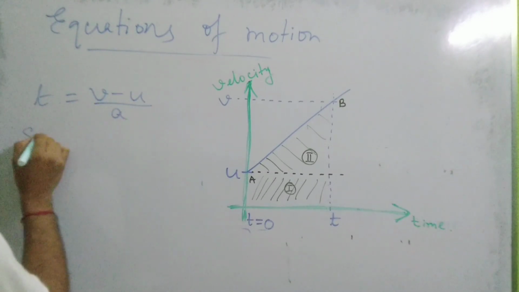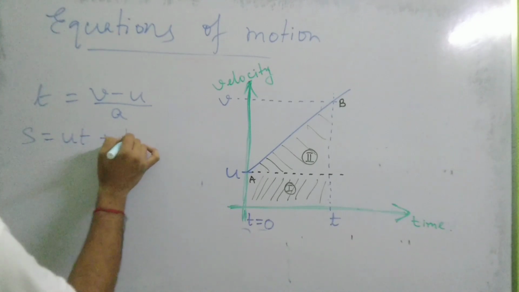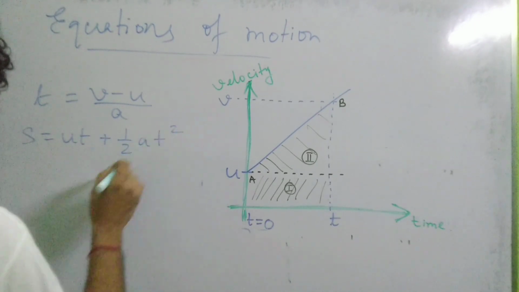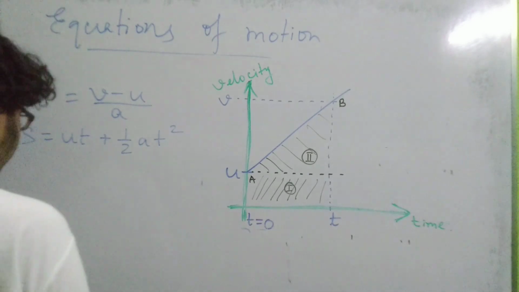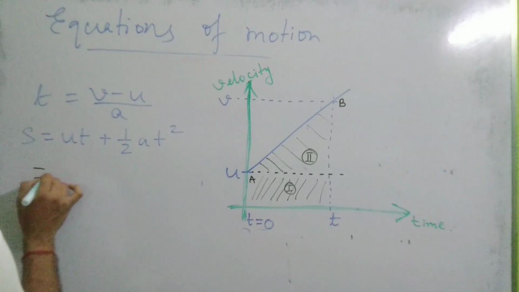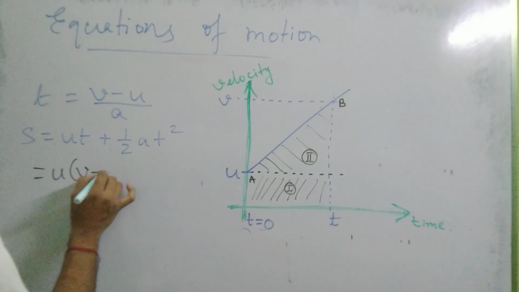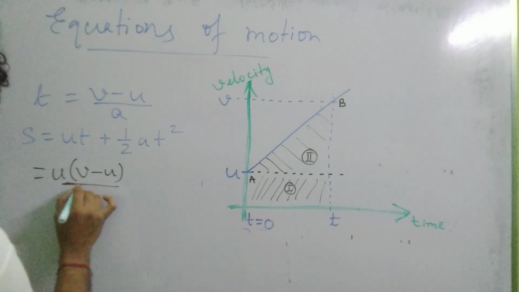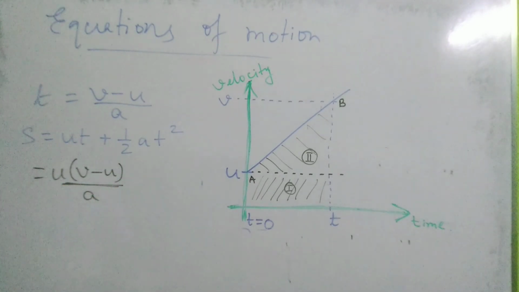And the second equation is s equals ut plus half a t square. Fine. Substitute the value of t here. If I substitute the value of t, it's equal to u, keep a bracket, v minus u by a, plus half into, so it's something like this.